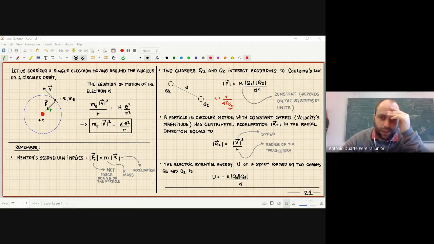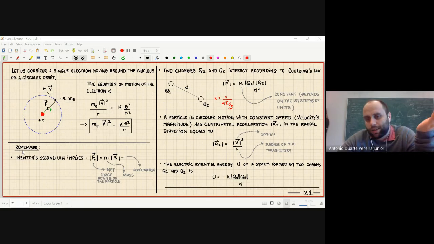I'm saying that accelerated charges emit radiation. But now, assume that you move to a reference frame that is also accelerated and moves together with the charge. With respect to this accelerated frame, the charge is at rest. Then you can ask, in this reference frame, is the charge emitting radiation or not?